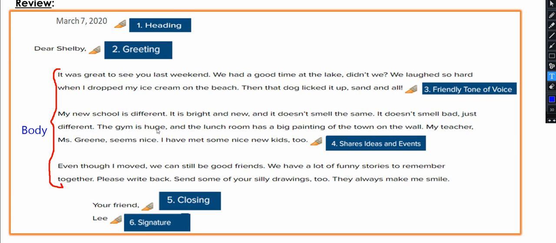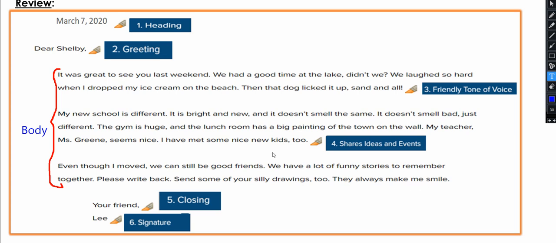The gym is huge, and the lunchroom has a big painting of the town on the wall. My teacher, Mrs. Green, seems nice. I have met some nice new kids too. Even though I moved, we can still be good friends. We have a lot of funny stories to remember together. Please write back. Send some of your silly drawings too. They always make me smile.